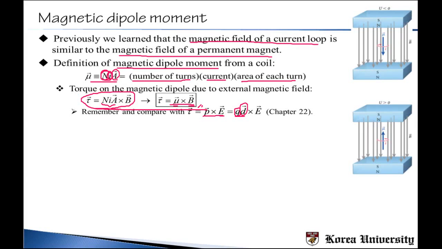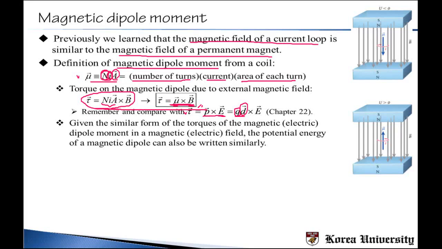So this expression of the magnetic dipole moment is very similar and in fact equivalent to defining the electric dipole moment, so that the electric dipole moment will experience torque inside the electric field and the magnetic dipole moment will experience torque in the magnetic field. So they look very similar, right?